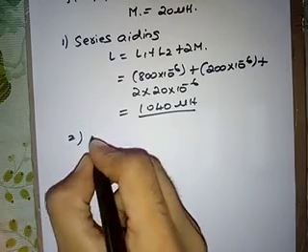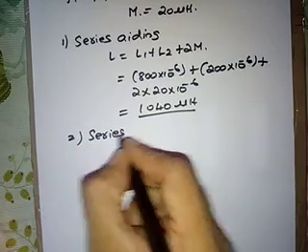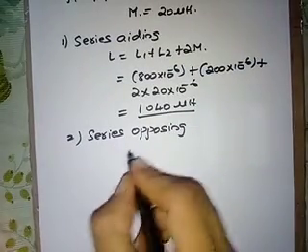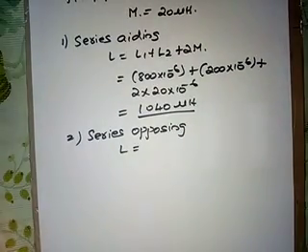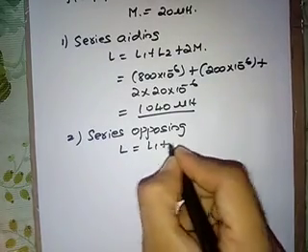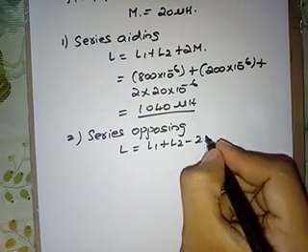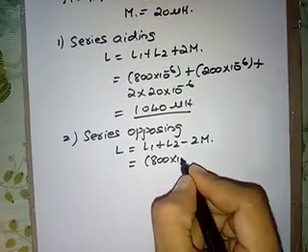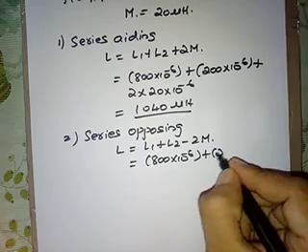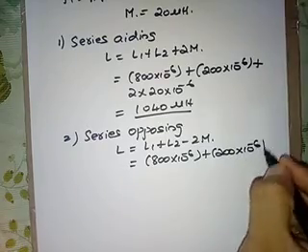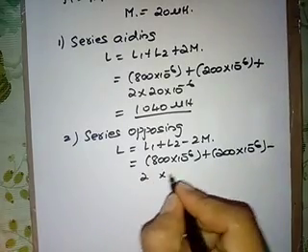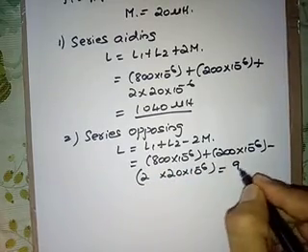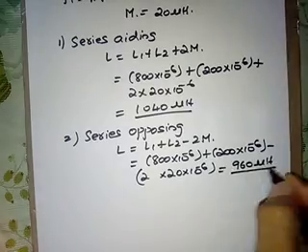Next, for series opposing, what is the formula? Yes, come on, tell me students. L is equal to L1 plus L2 minus 2M, that is 800 into 10 raised to minus 6 plus 200 into 10 raised to minus 6 minus 2 into 20 into 10 raised to minus 6. So this will be 960 microhenry.